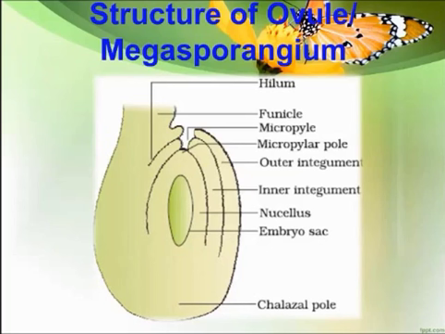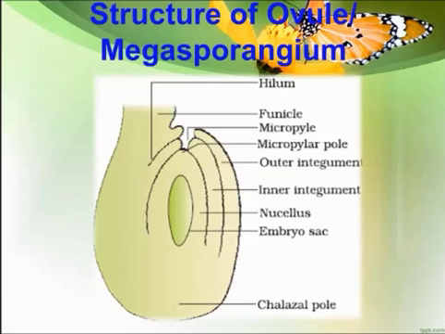The female gametophyte is called the embryo sac and it develops within the ovule. So now you must have got an idea why we shall discuss the ovule first. Now the very first question is, where is the ovule located in a flower?